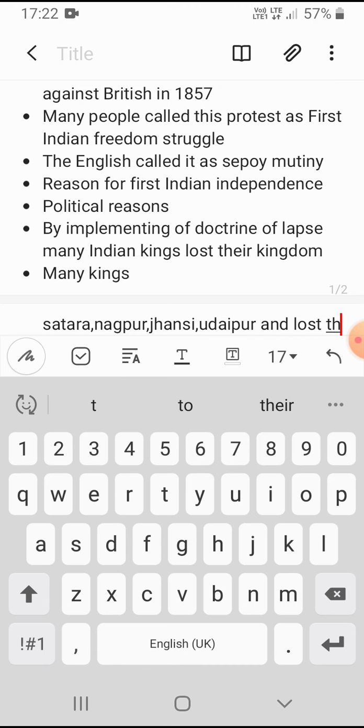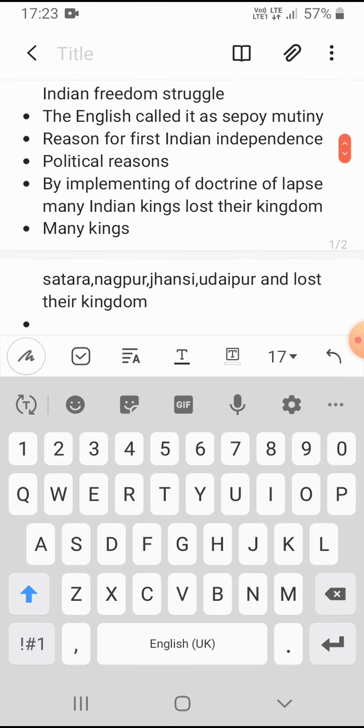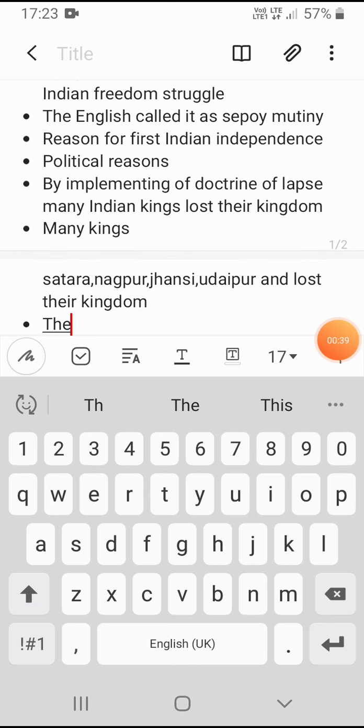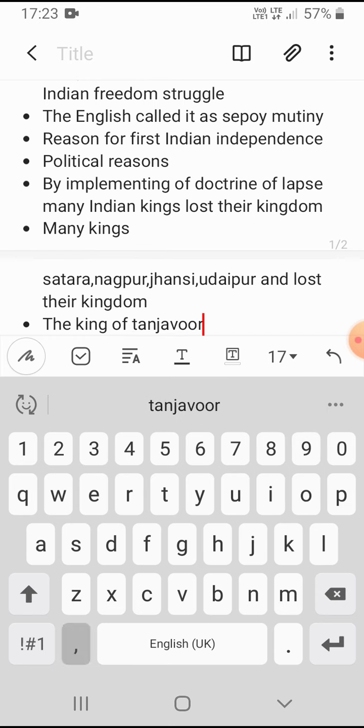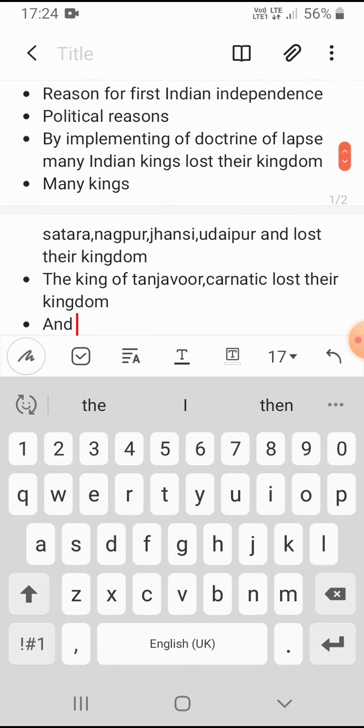They match for 2 marks or 1 mark: which kings lost their kingdom? The king of Tanjavur, Carnatic lost their kingdoms, and many Mughal kings lost their kingdoms.